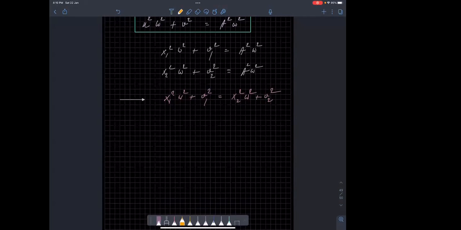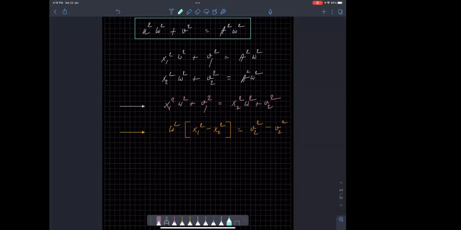So here, what you will get is, if you take omega square common, (x1 square minus x2 square) equals v2 square minus v1 square. I'm just bringing all the v's to one side and positions to the other side. Clear? So you have to remember this also.